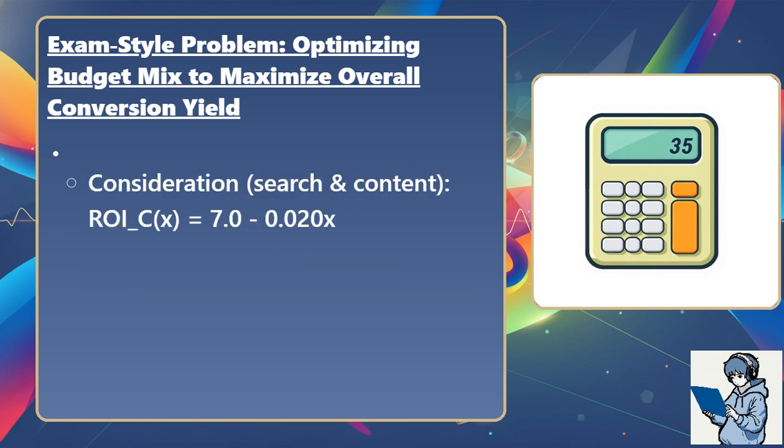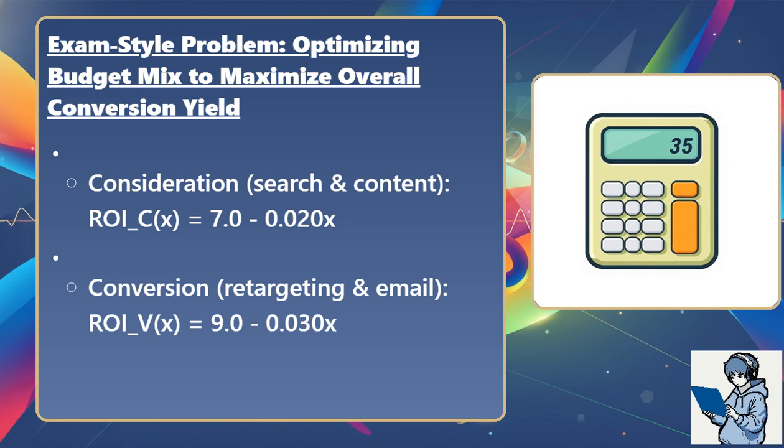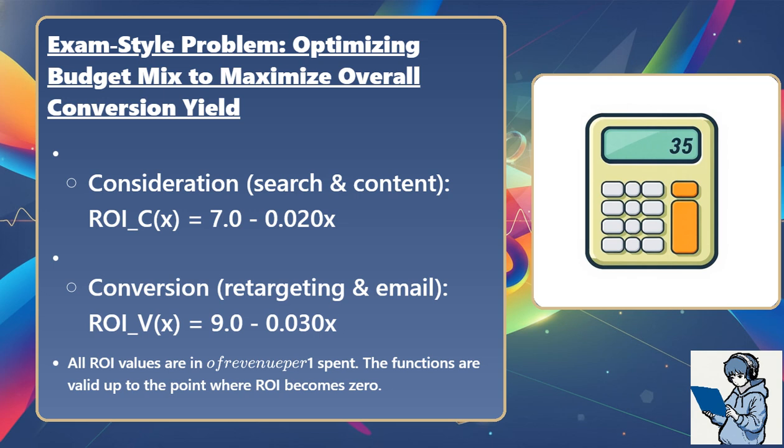Consideration, search and content: ROI_C of X equals 7.0 minus 0.020X. Conversion, retargeting and email: ROI_V of X equals 9.0 minus 0.030X. All ROI values are in dollars of revenue per $1 spent. The functions are valid up to the point where ROI becomes zero.